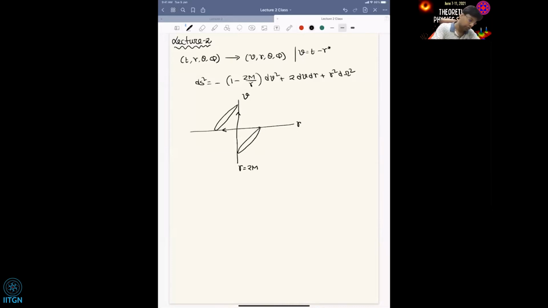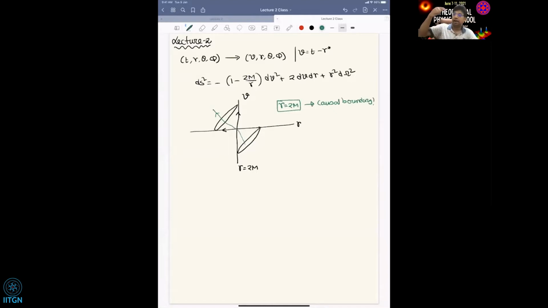So you can always go inside on a future directed curve, but if you want to come out, you have to move faster than the speed of light locally, and that is not possible. Therefore this shows that r equal to 2m is a causal boundary.